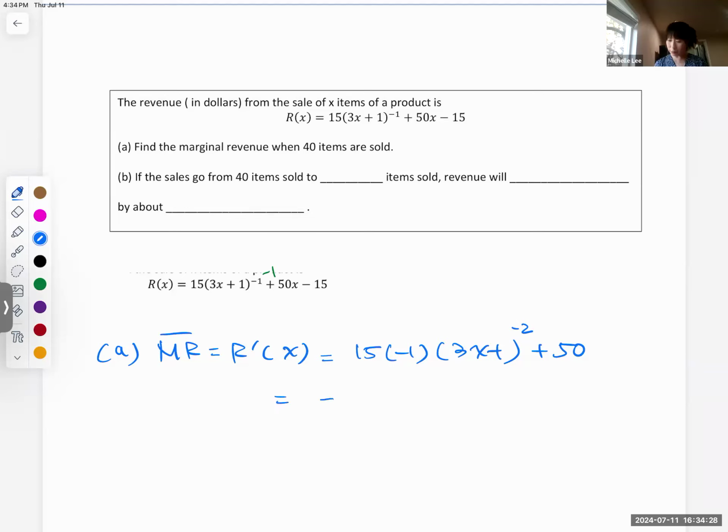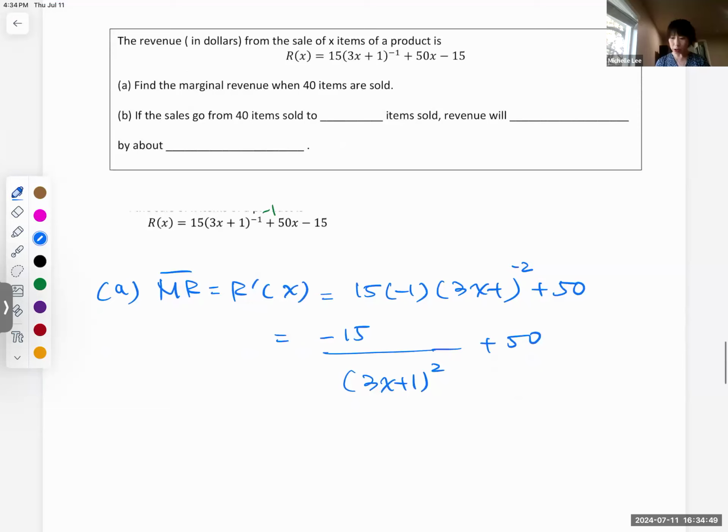Then we have negative 15 and a negative power, so we have 3x plus 1 to the second power in the denominator, plus 50, right? Okay, we want to find out when 40 items are sold.